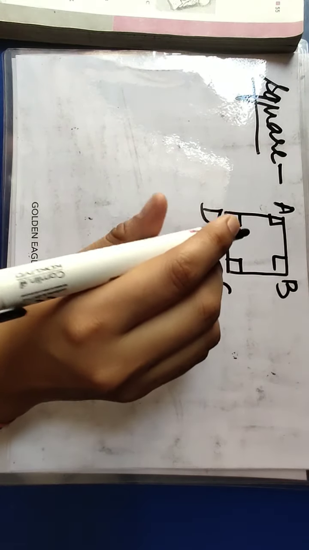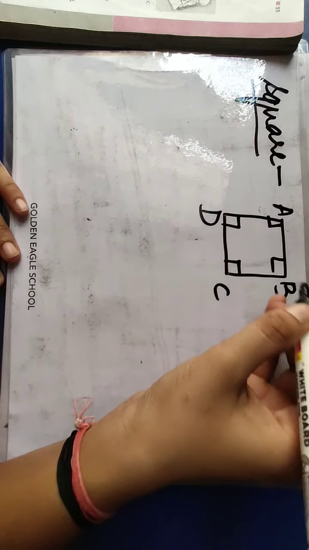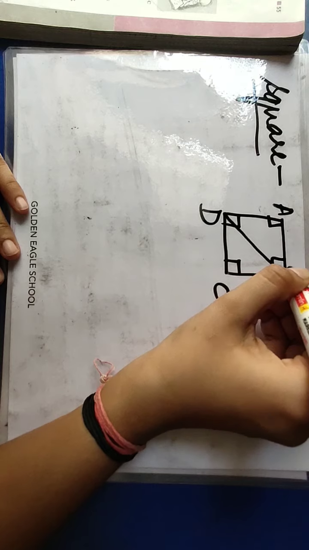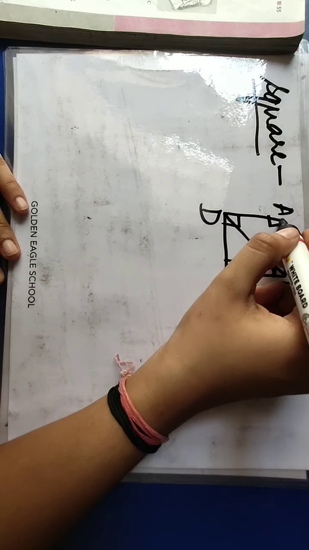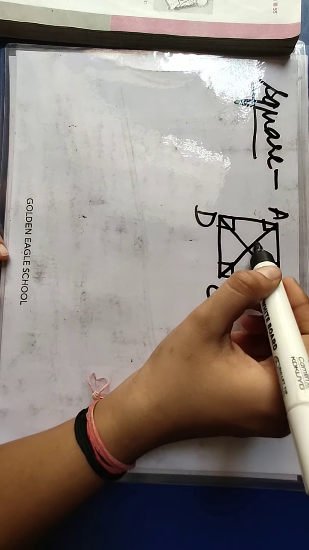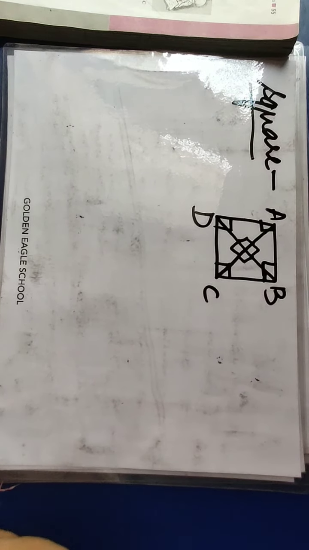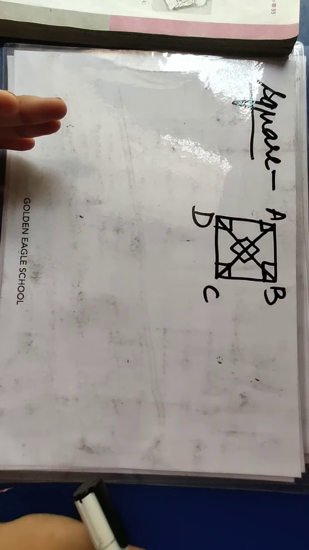Now coming to diagonals, the diagonals of a square are perpendicular bisectors of each other. In rhombus and square both, the diagonals bisect each other at perpendicular angles.